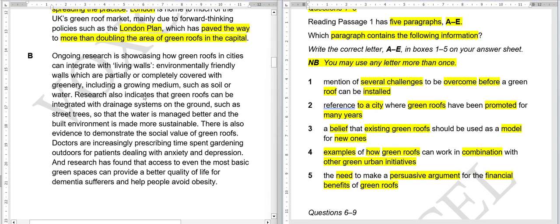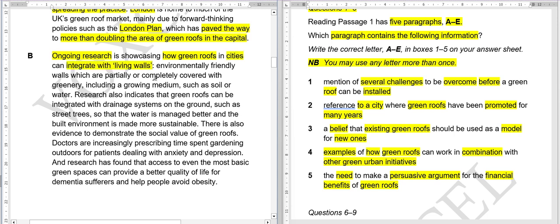Ongoing research is showcasing how green roofs in cities can integrate with living walls, environmentally friendly walls which are partially or completely covered with greenery, including a growing medium such as soil or water. So now we're saying that there is an ongoing research that shows how we can use green roofs in cities to integrate with living walls.